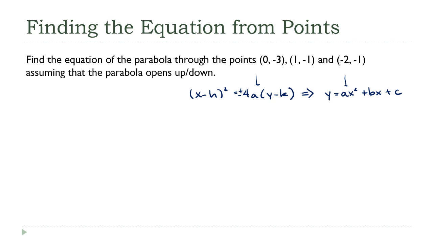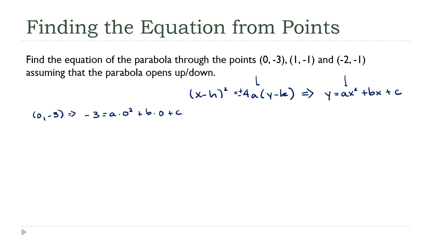Here's what I'm going to do. I'm going to take my 3 points and substitute them into that equation and see what happens. If I put (0, -3) into that equation, I get -3 = a(0)² + b(0) + c.